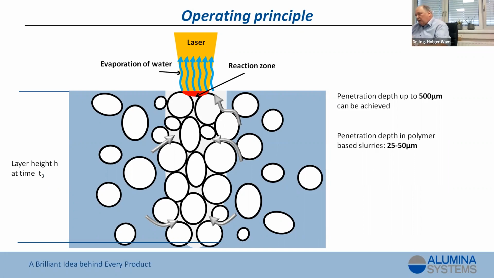But the two levels are around 1000 for debinding and 1650 for sintering.